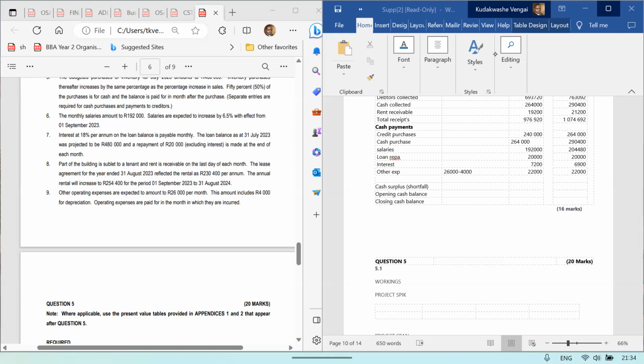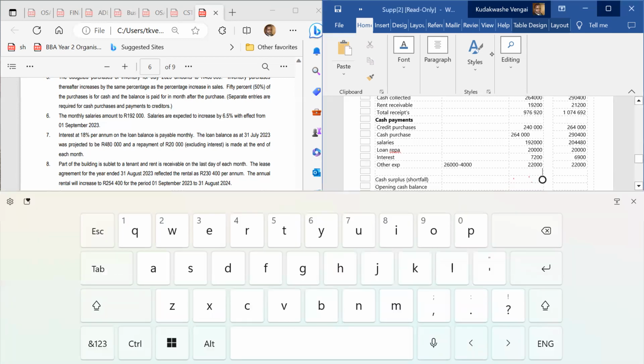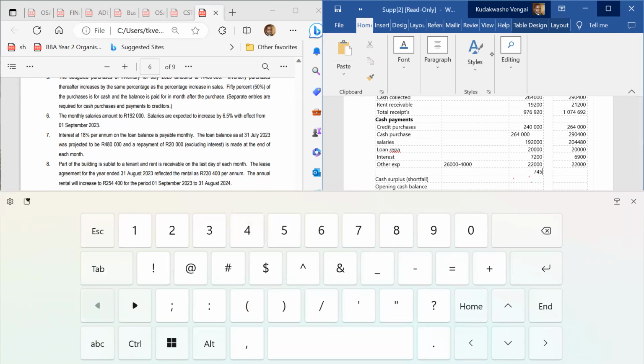That gives us 745,200 for August, and then for September 264,000 plus 294,400 plus 204,480 plus 20,000 plus 6,900 plus 22,000.